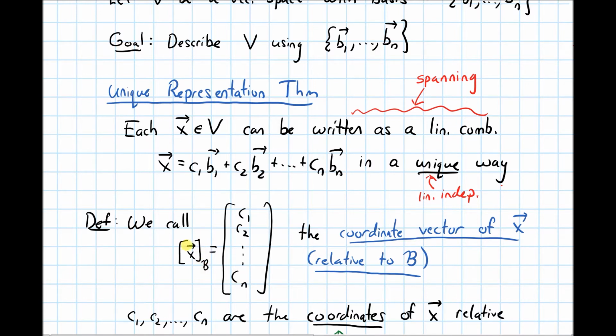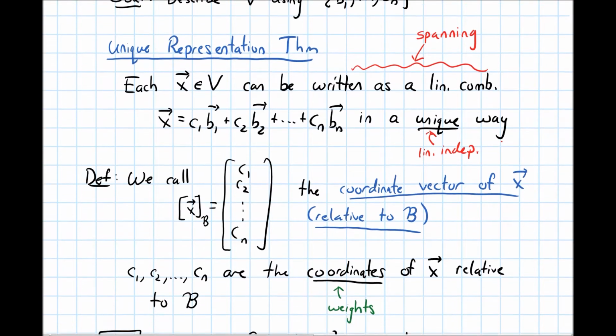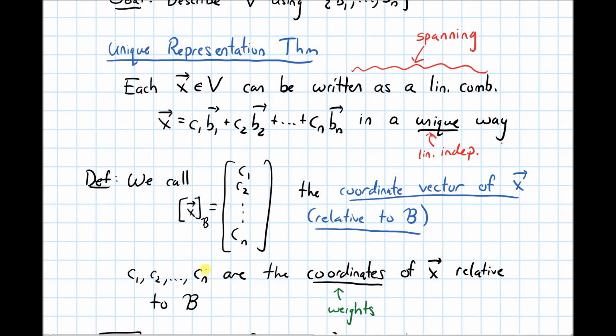The coordinate vector is just the vector where I write all of those weights as the entries. C1 up until cn are sometimes called the coordinates of x relative to B.